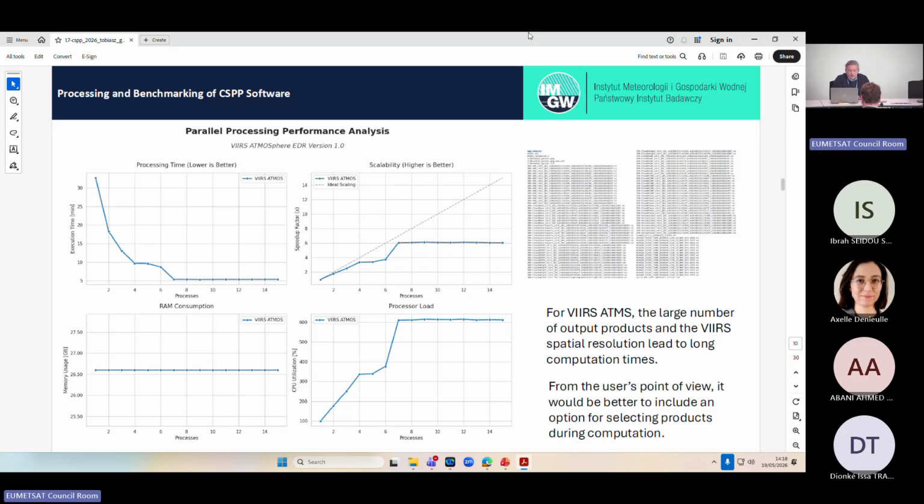And the first benchmark was made for the atmosphere software, and for one processor, total time is higher than 50 minutes, so it's very high from an operational point of view, but very quickly changes to 5 minutes for 8 processors, and it plateaus when the number of processors is increasing.